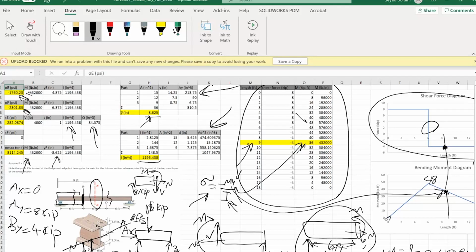It says it belongs to the thinner section, which means it's part of the web, not the flange. And V in this case is the internal shear force. Again, where do you get it from? From the shear force diagram. And the value for it is provided here. And then once you do the calculations, this is what you're going to get for the shear stress. So let's just write down the equation: tau is equal to VQ/It. These are the inputs to this equation, and this is the final answer for it.